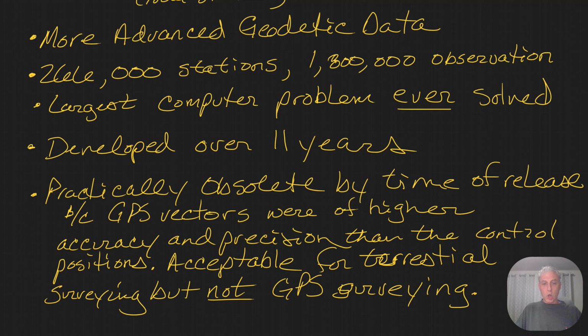And in the early 80s to mid 80s, most surveyors on the ground were working with total stations and collecting distances through EDM. The terrestrial surveying, as I just stated, was able to use NAD83. But with GPS surveying, we need to incorporate more advanced low distortion projections to make it practical.